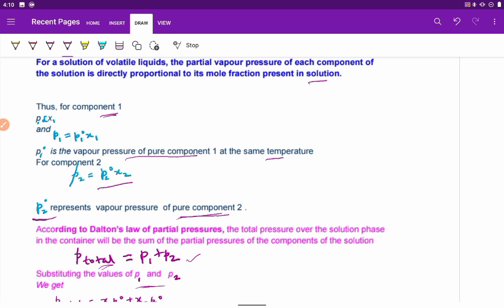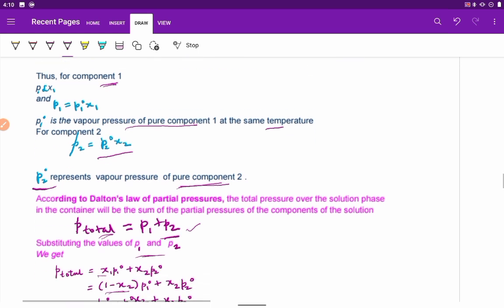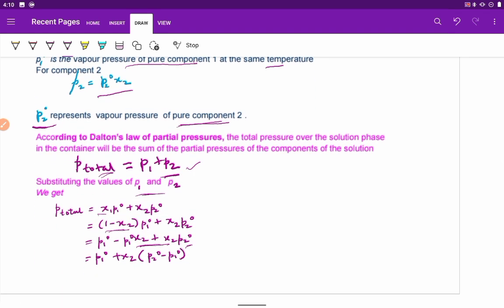Now as per Dalton's law of partial pressures, the total pressure over the solution phase in the container will be the sum of the partial pressures of the components of the solution. So P total will be equal to P1 plus P2. Now if you substitute the values P1 and P2, we get P total equal to x1 P1 naught plus x2 into P2 naught.